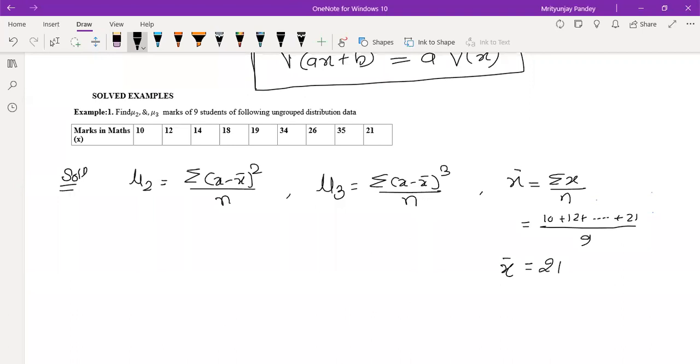Now make a table of x minus x bar as well as x minus x bar the whole cube. So this is your x value. Now find x minus x bar, then find x minus x bar the whole square, and then find x minus x bar the whole cube.